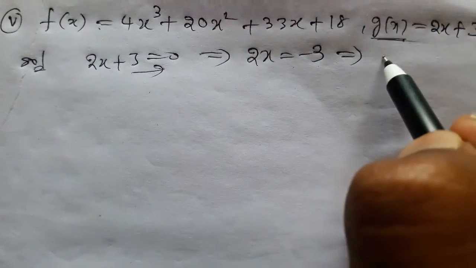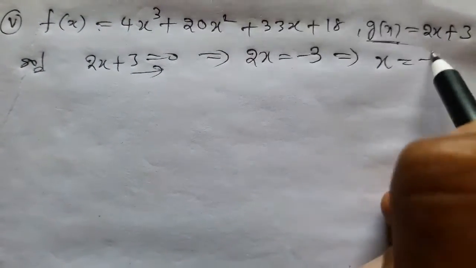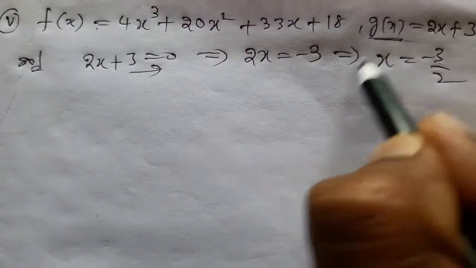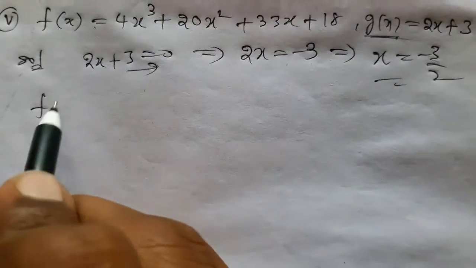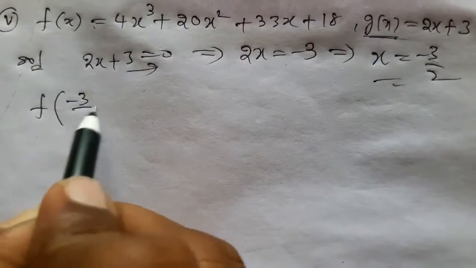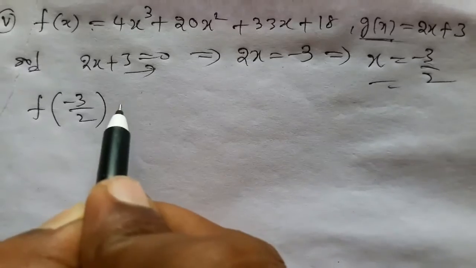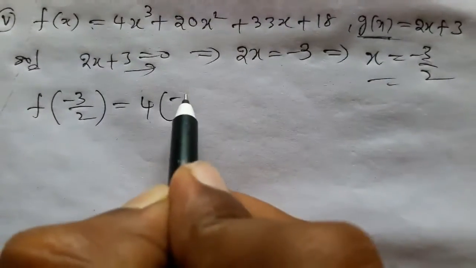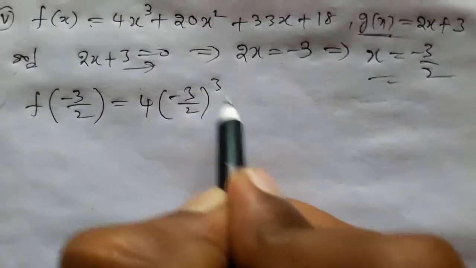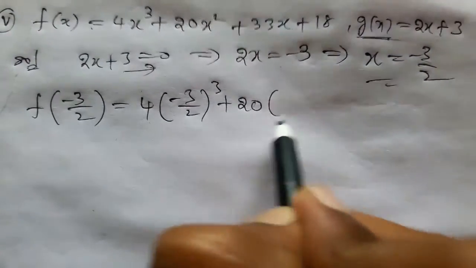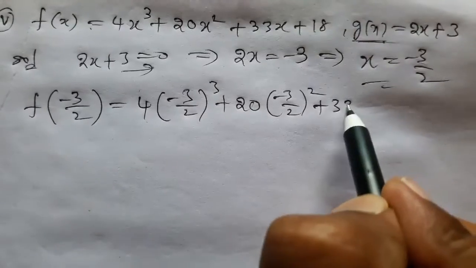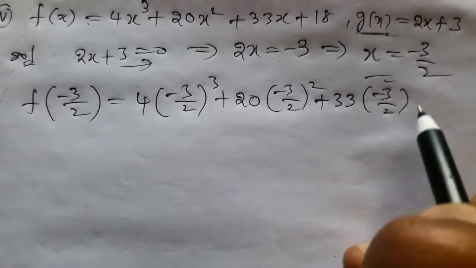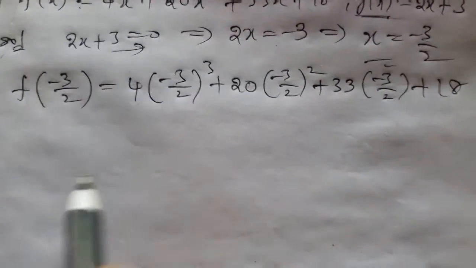On the left side it is multiplication, on the right side it becomes division. That means x is equal to minus 3 by 2. Use this value in f of x, that means f of minus 3 by 2 is equal to 4 into minus 3 by 2 whole cube plus 20 minus 3 by 2 whole square plus 33 minus 3 by 2 plus 18, isn't it?